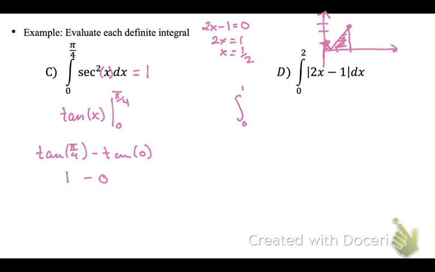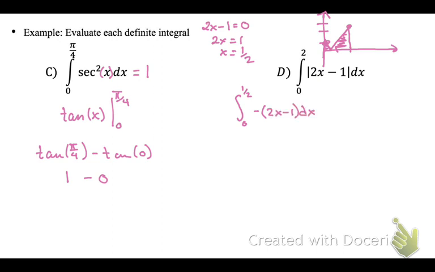Okay? So what we're going to do is we're going to go from 0 to 1/2, and we're going to be doing the negative 2x minus 1 dx.